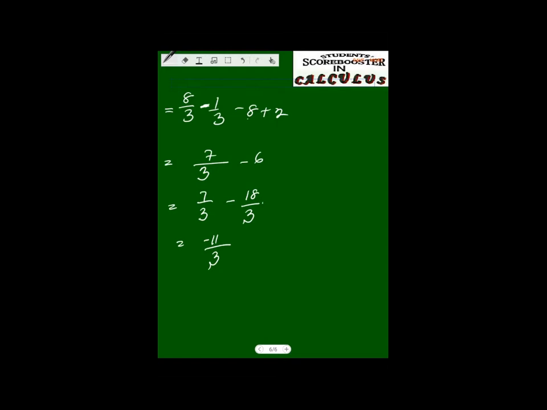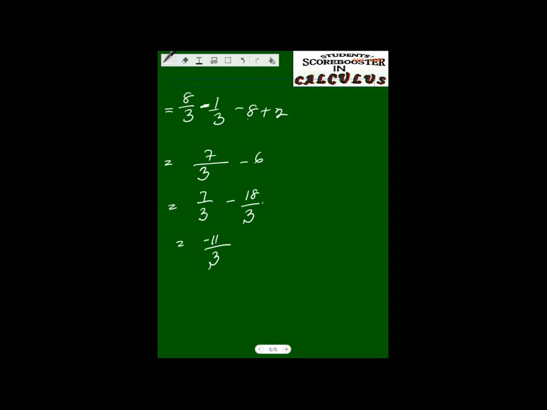I am trying to jump a lot of steps here because you will be writing JAMB, and in JAMB, believe me, you don't have time. You just have to be fast. JAMB is testing your speed and your accuracy. These two things are very, very important in JAMB. So this is example 3.